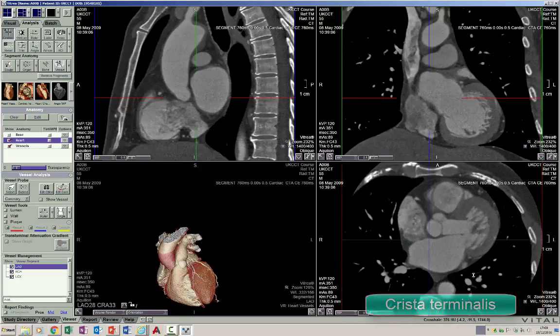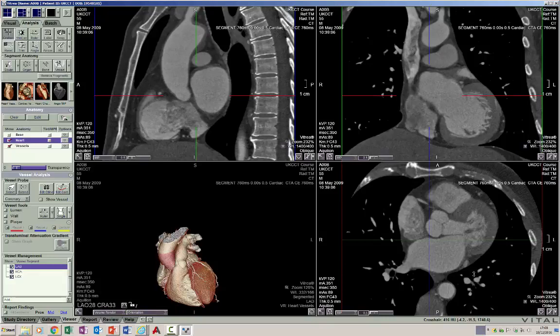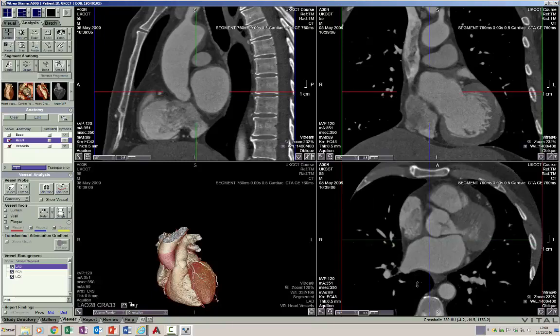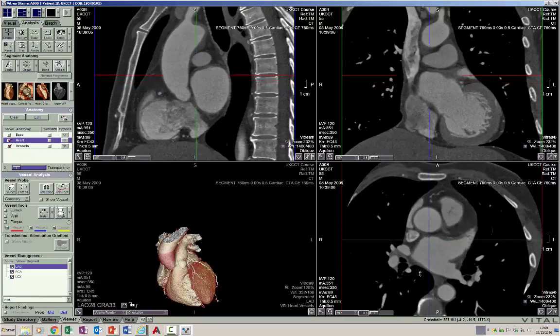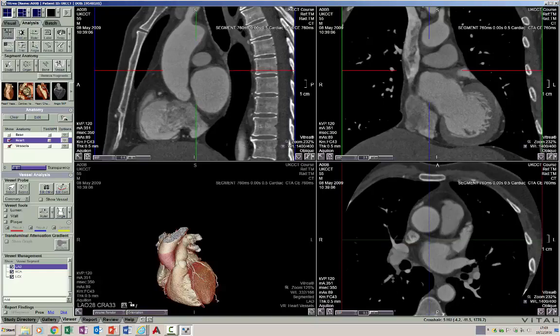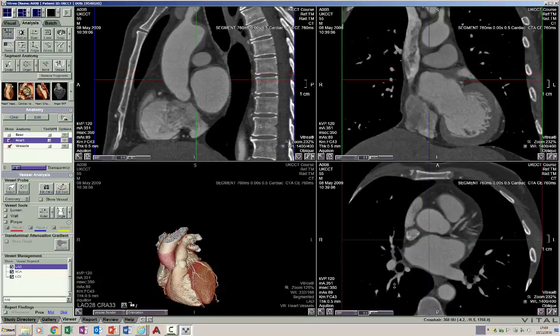The left atrium, again, has 2 components. One is the larger smooth-walled body of the left atrium, in which we have the draining pulmonary veins. And then we have the small triangular structure called the atrial appendage, which you can see here, which is the harbinger of thrombus in patients with a large left atrium.